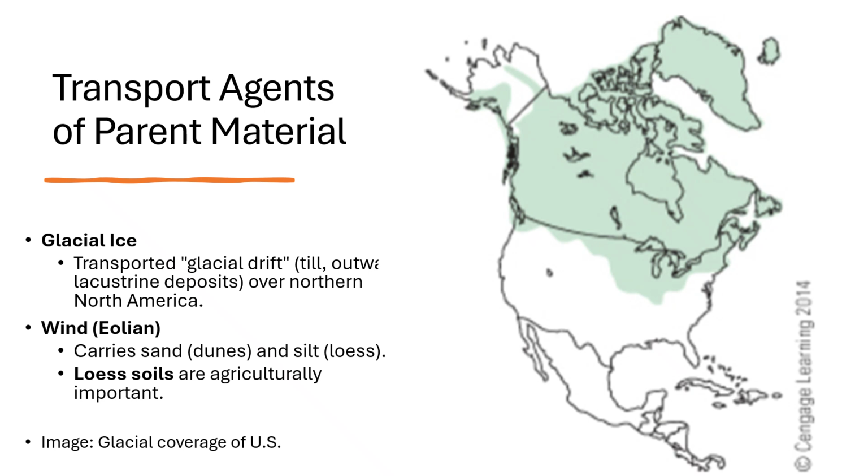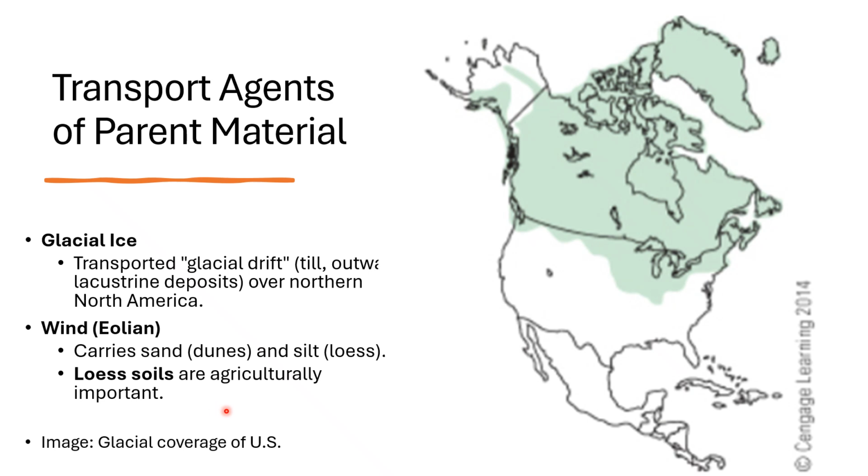Another agent of transport would be wind, or aeolian deposits. Wind can carry the parent materials, forming sand dunes. They've got sand dunes in Nebraska. But a very important wind-deposited material is called loess. Okay, loess.